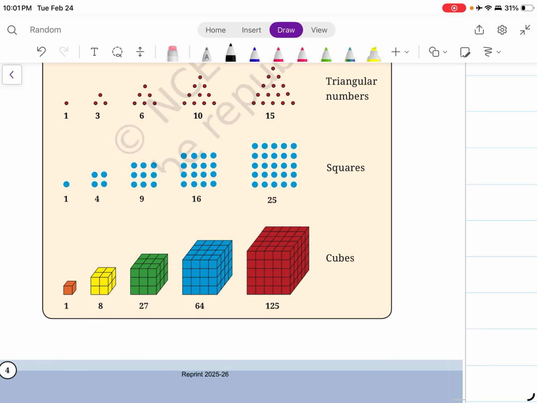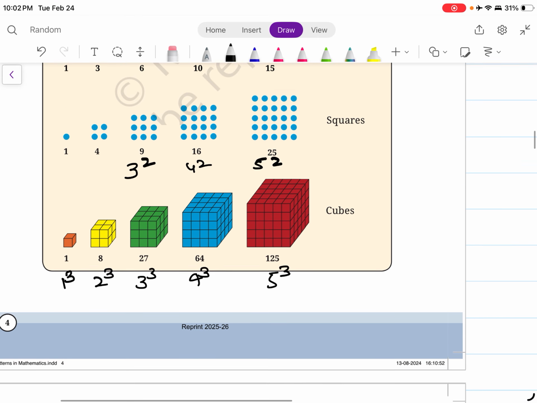2 4 6 8 10, as you can see, count them, and this is all the stuff. So स्क्वायर्स की अगर हम बात करें 1 2 4 9, 4 का स्क्वायर 5 का स्क्वायर एंड ऑल दैट स्टफ. 1 का क्यूब 2 का क्यूब 3 का क्यूब 4 का क्यूब 5 का क्यूब.